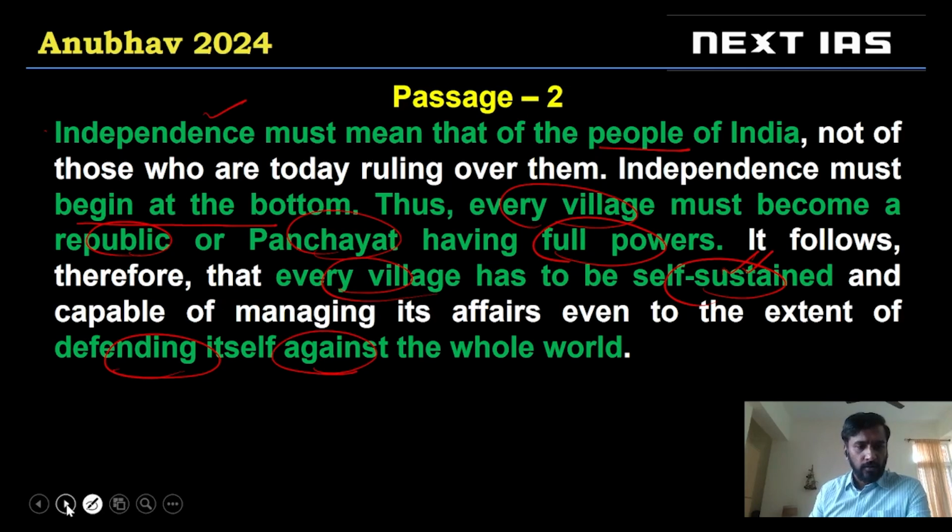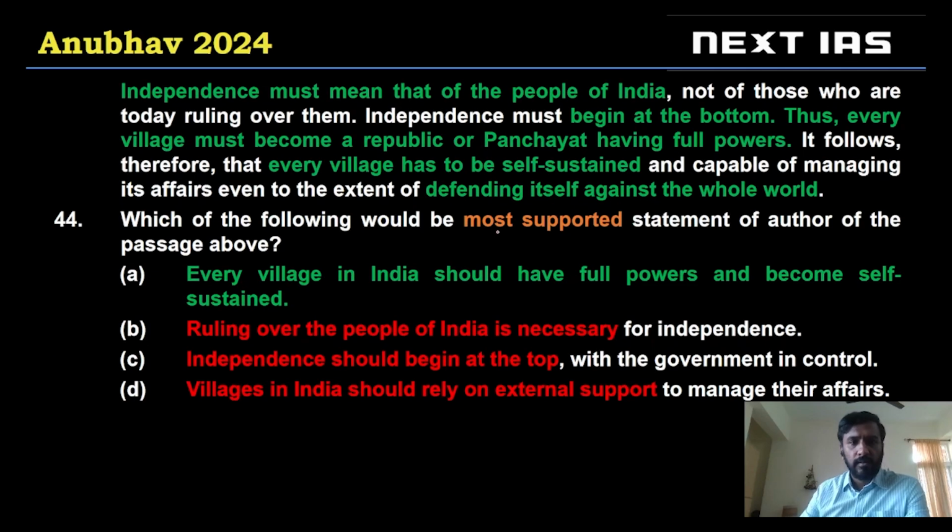Okay. So let's look at the question, most supported. Most supported again means make a conclusion based on information in the passage, which is basically an inference. Okay. Now, option D, villages in India should rely on external support. It should be self-sustained.